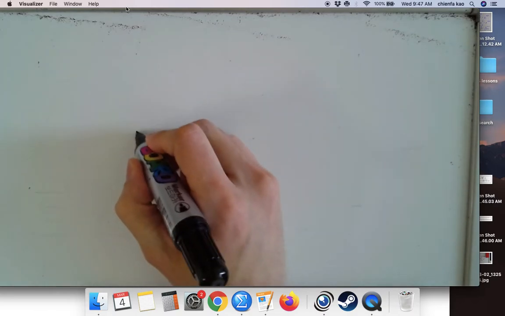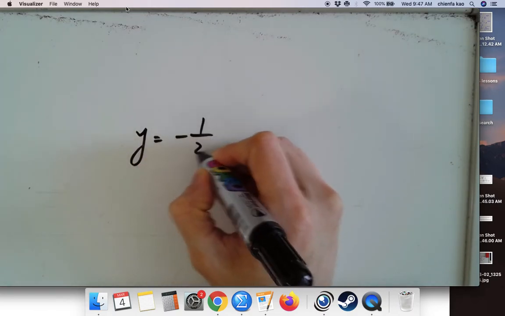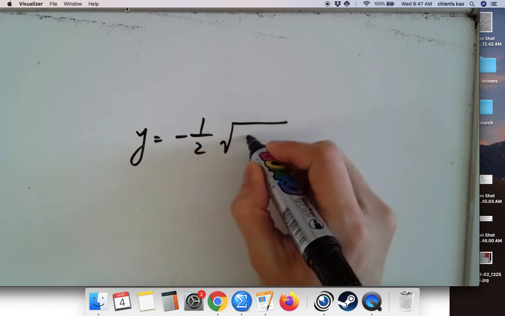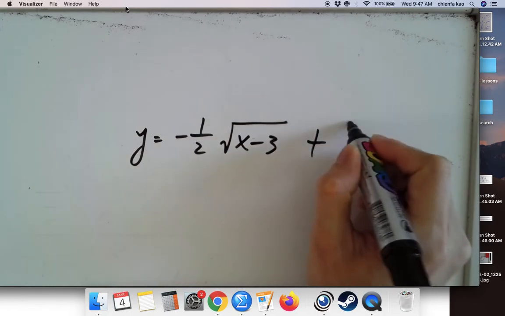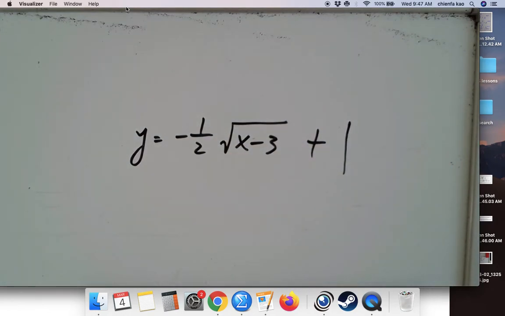So we're going to do this one. Graph this from the parent function, please. Roughly, you don't have to plug it into an XY chart and find the values and graph it that way.